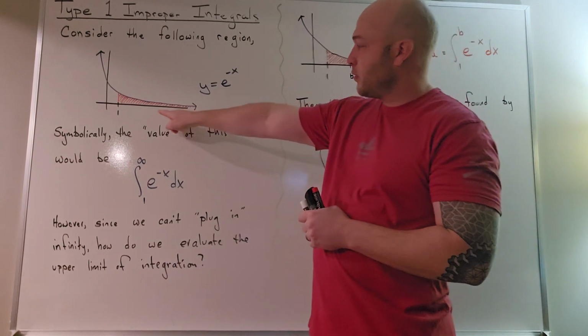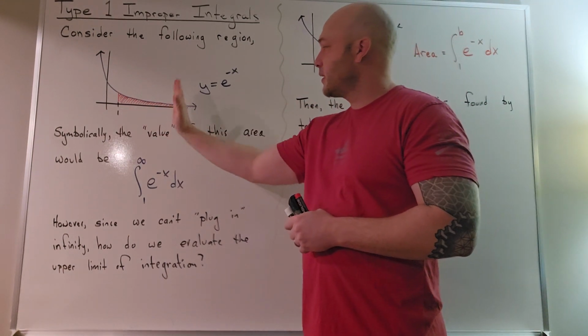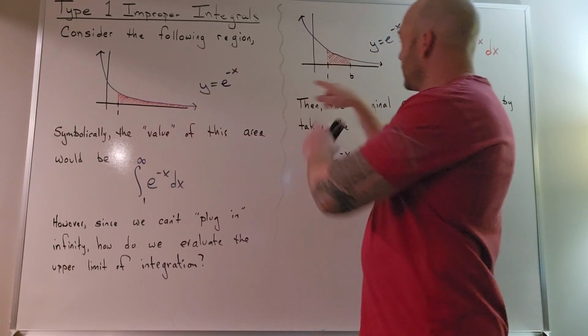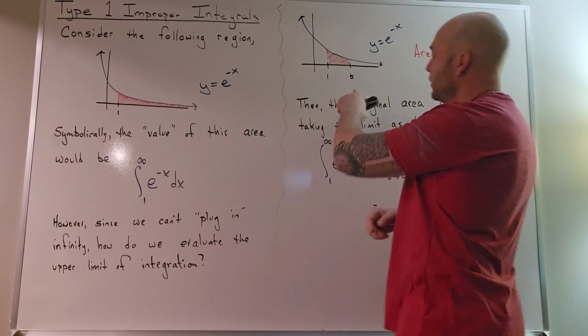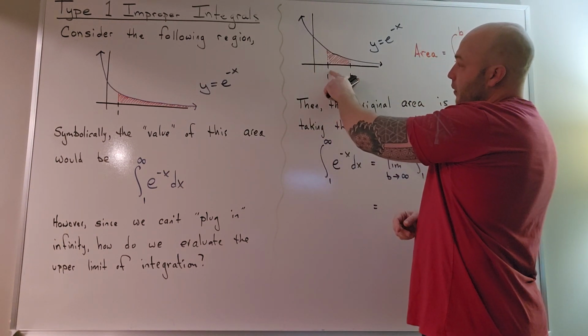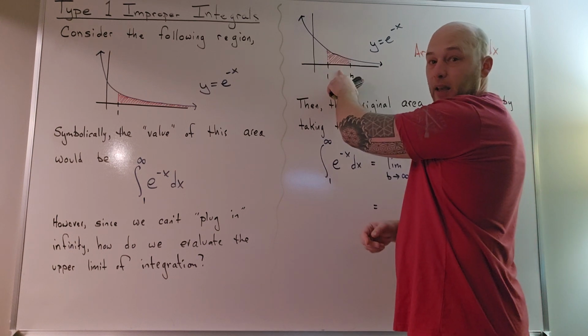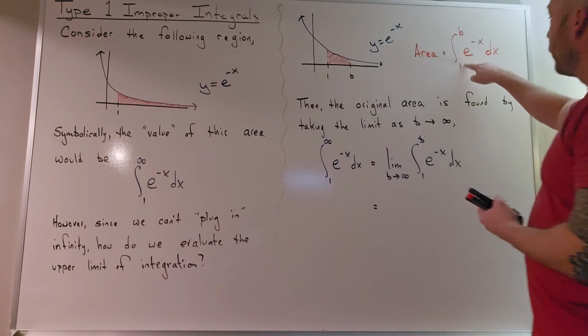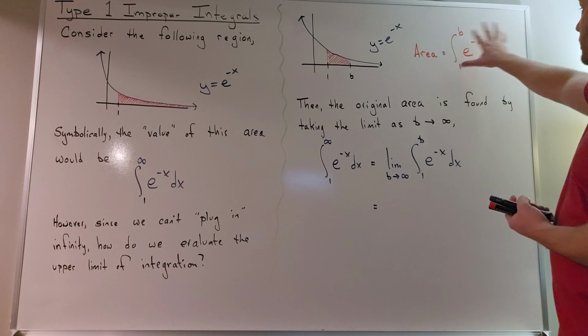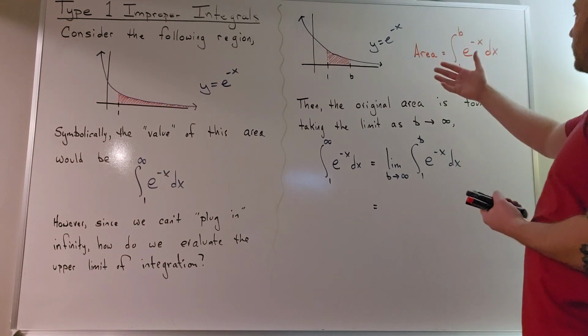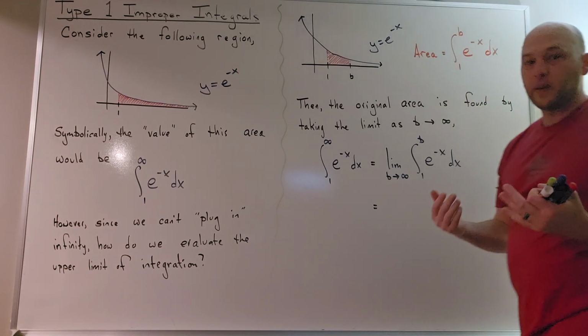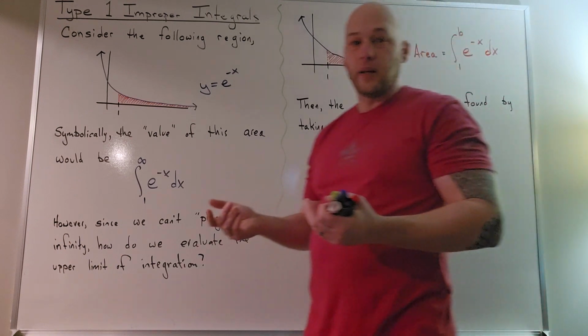Let's take this region right here and let's truncate it. In other words, let's stop it at a specific point. For example, let's just pick an arbitrary value. Let's say we go from 1 to b. This is something we can easily find the area of. It's just the integral from 1 to b of e to the minus x dx, and when I plug those limits of integration in, I'm going to get an expression that has a b in it.